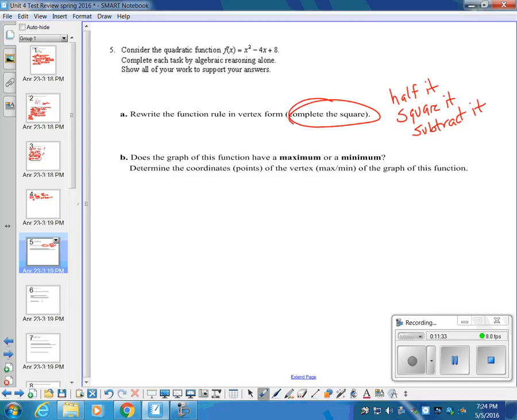Okay, so I'm going to come down here and do A. I've got x squared minus 4x plus 8. Now, you rewrite it first: x squared minus 4x plus blank plus 8.